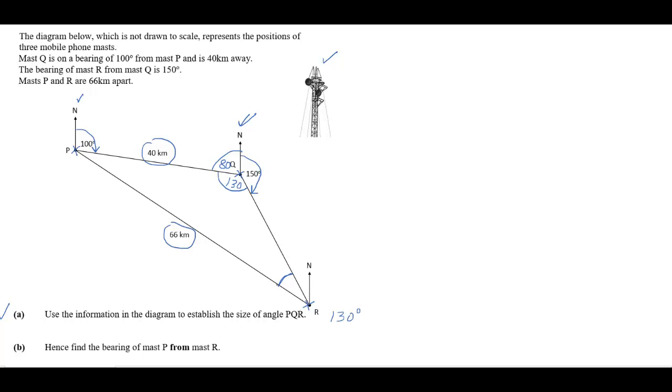To find this angle, we use the sine rule here. So sine R over the opposite side, which is 40, is equal to sine 130 over 66.